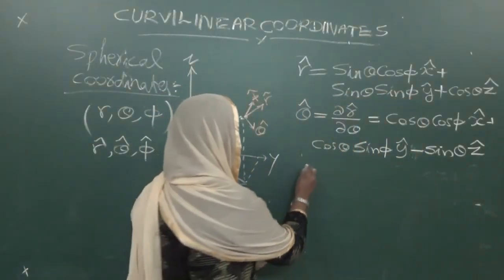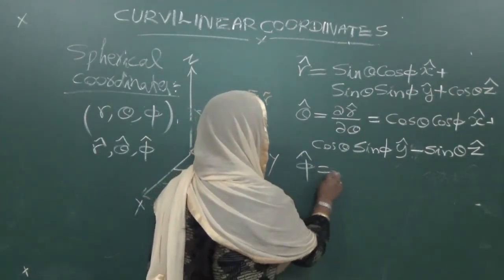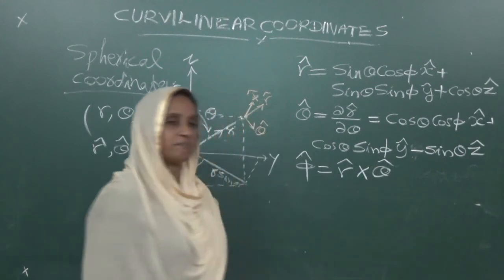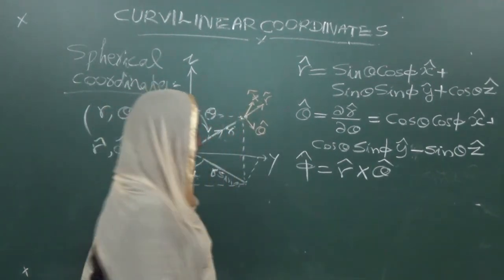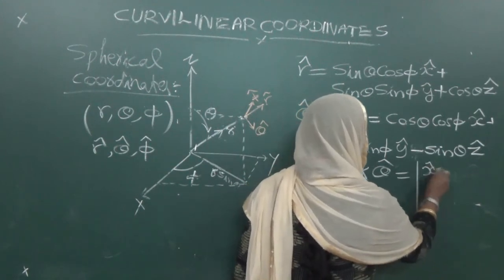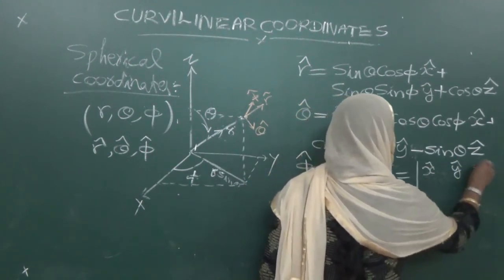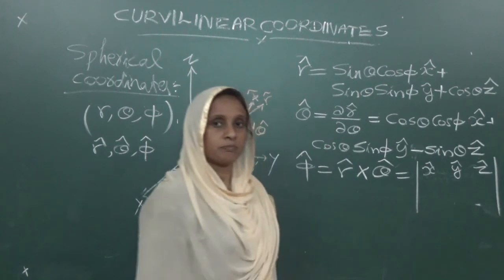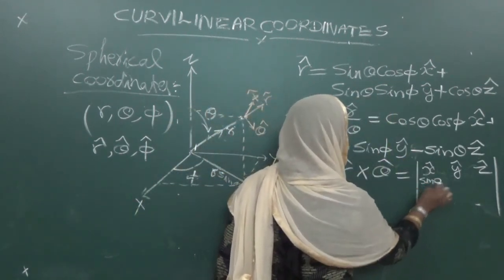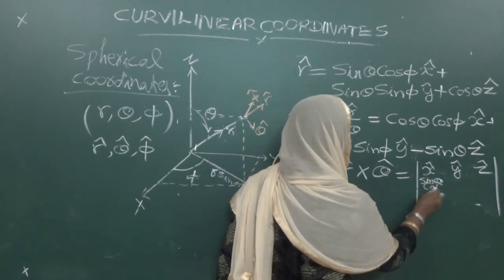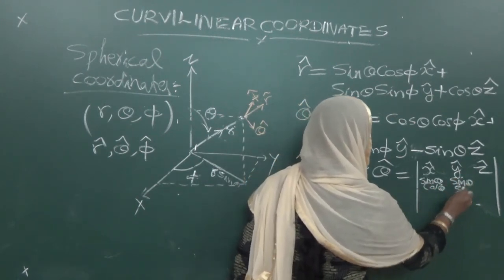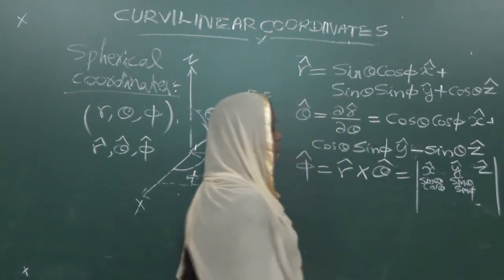You find phi cap using r cap cross theta cap. That means you can write here x cap, y cap, z cap, and it combines sin theta cos phi, sin theta sin phi, cos theta.